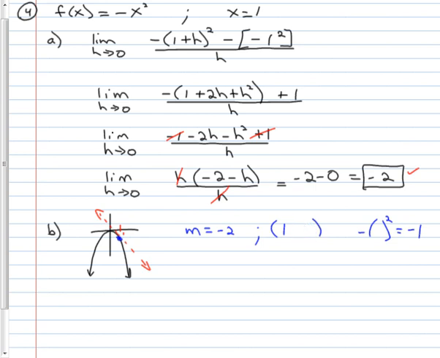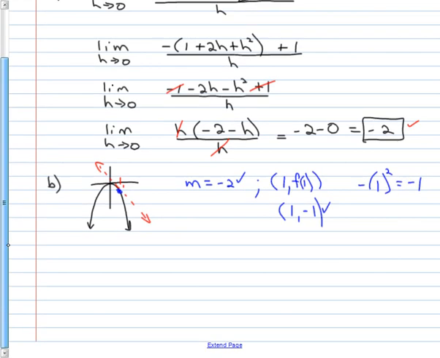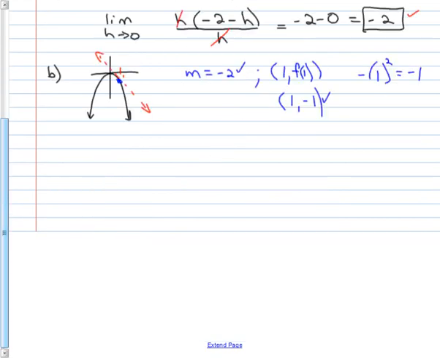Good thing Jackie was paying attention. F of 1, and that still gives us -1 there. 1 comma -1, but we needed to know the x was 1. So there we go. There's the information I need: slope of the line and a point on the line. I can write the equation of a line. I'm going to use that point-slope form.